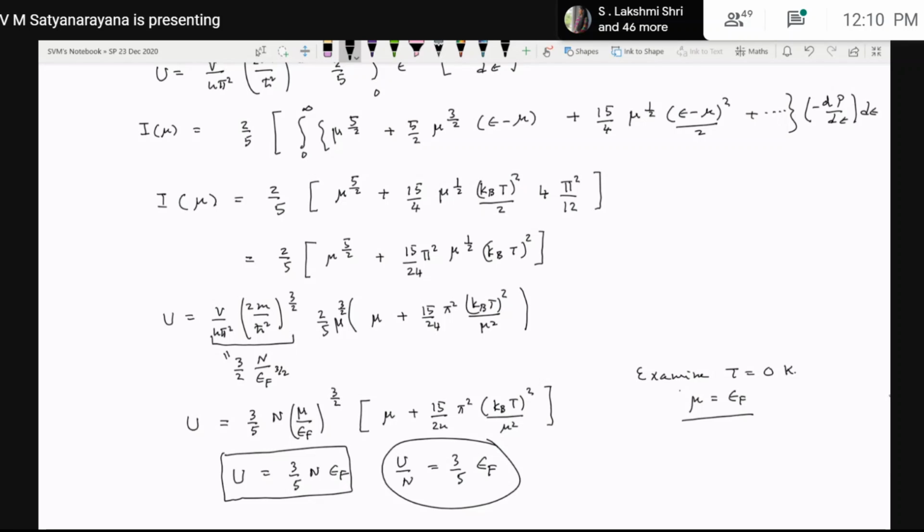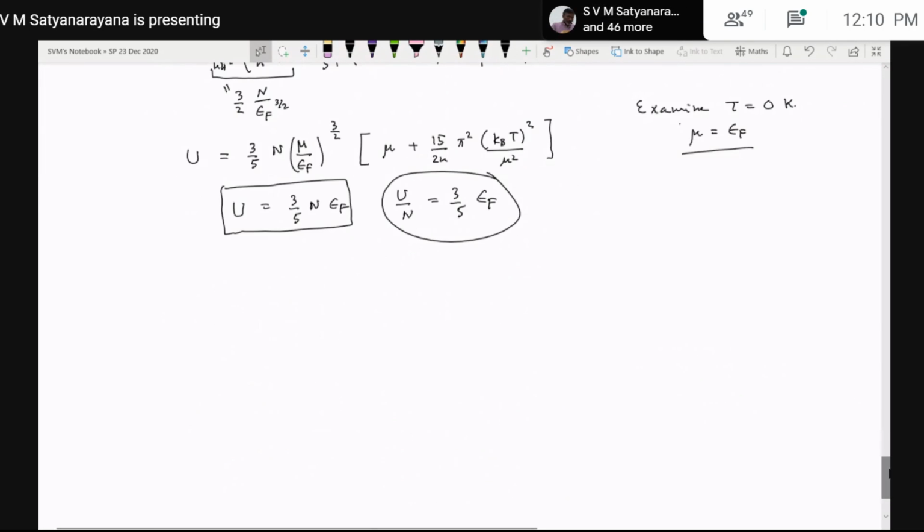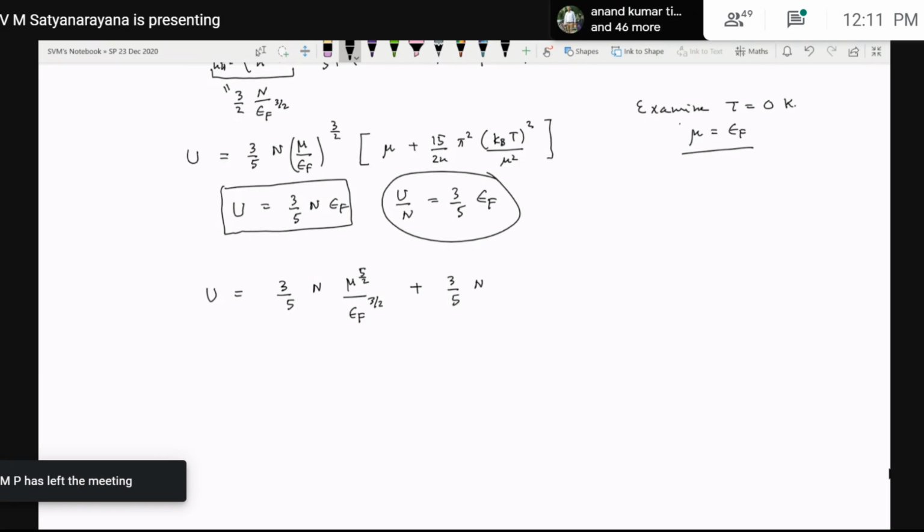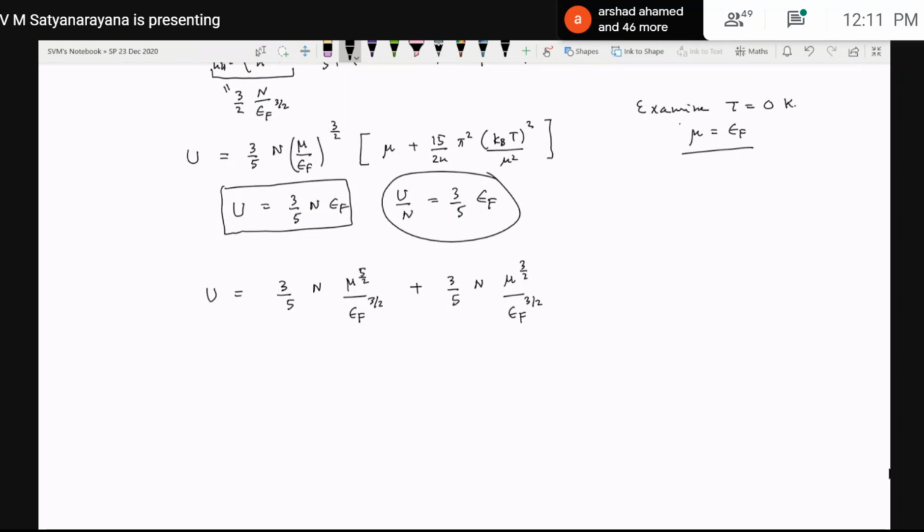So now I have to get this expression. I will write this u as 3/5 n into mu to the power 5/2 by epsilon f to the power 3/2, plus 3/5 n mu to the power 3/2 by epsilon f to the power 3/2, then 15/24 into pi square k_B T the whole square by mu square.